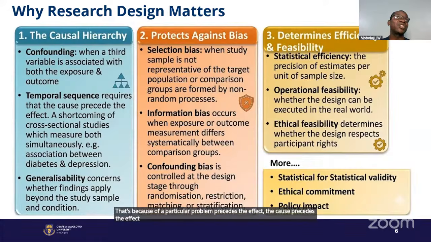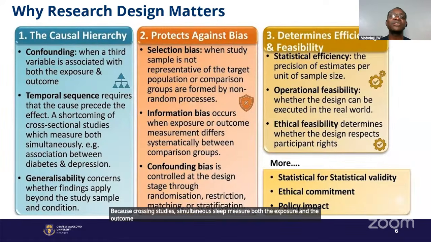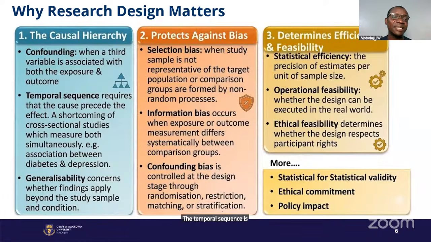This is a shortcoming in a research design like cross-sectional studies, because cross-sectional studies simultaneously measure both the exposure and the outcome, the factor and the outcome. Where this happens, it cannot really establish causation. The assumption of temporal sequence is violated in this case.